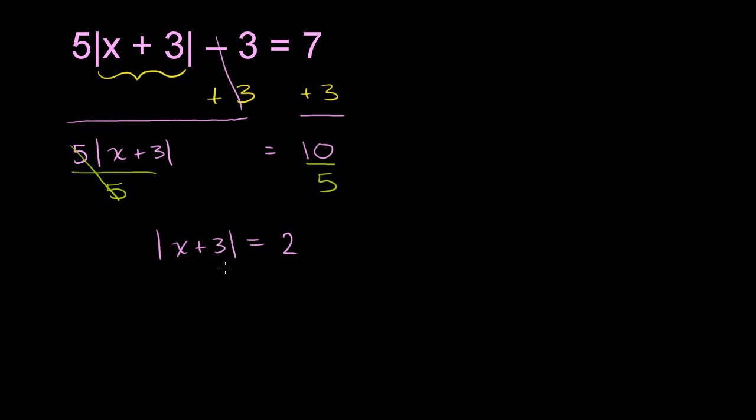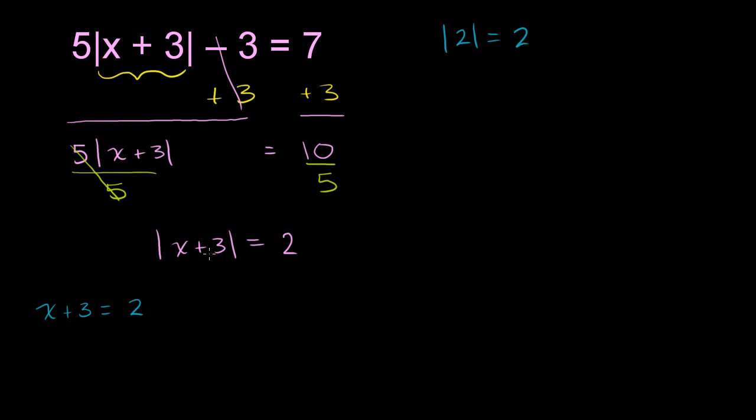Now we just have to put our thinking caps on a little bit. If the absolute value of something is 2, what does that something have to be? What are the two numbers whose absolute value is 2? We know the absolute value of 2 is equal to 2, so maybe x plus 3 is equal to 2.